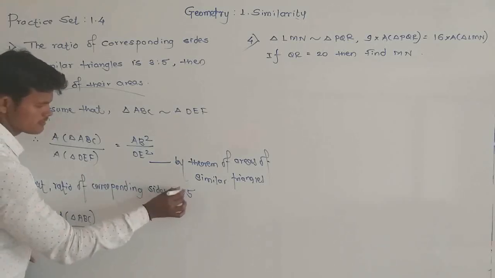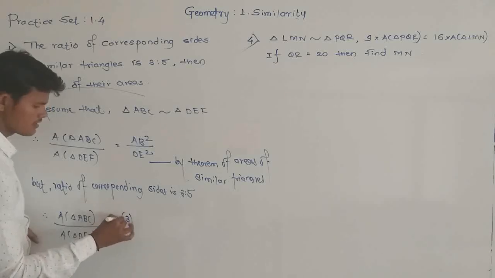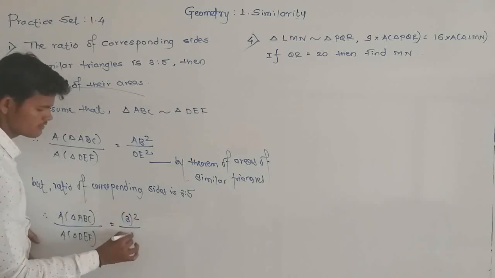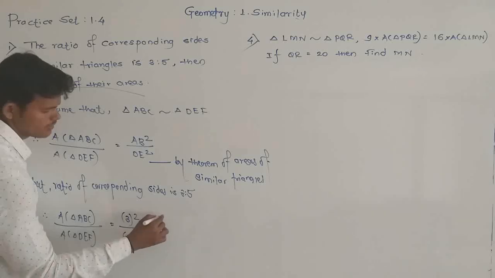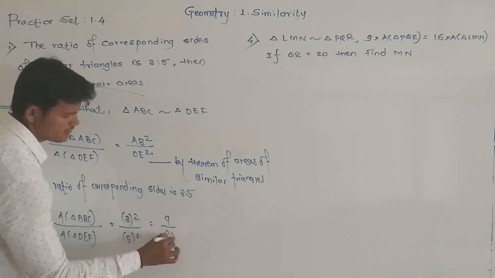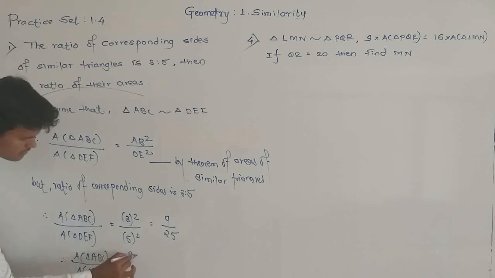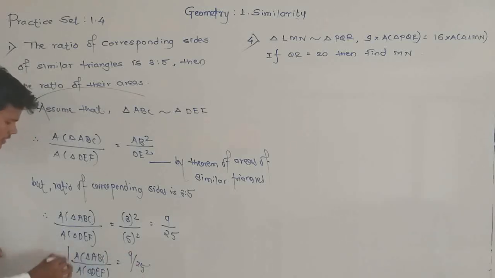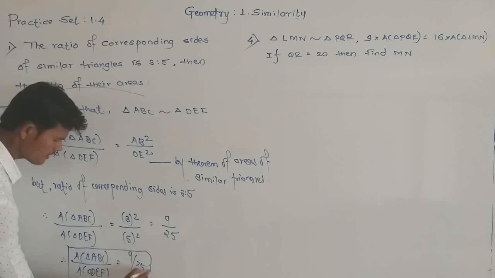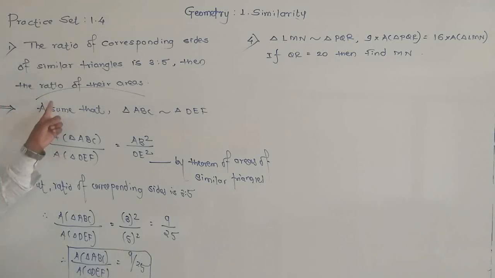That is 3 square upon 5 square, that is 9/25. So finally we get the ratio of areas of the triangles as 9/25. So area of triangle ABC to area of triangle DEF is equal to 9/25. This is the ratio of areas of the triangles.